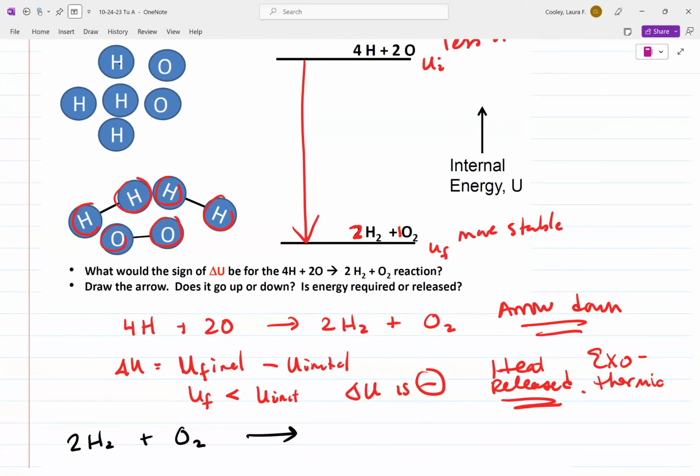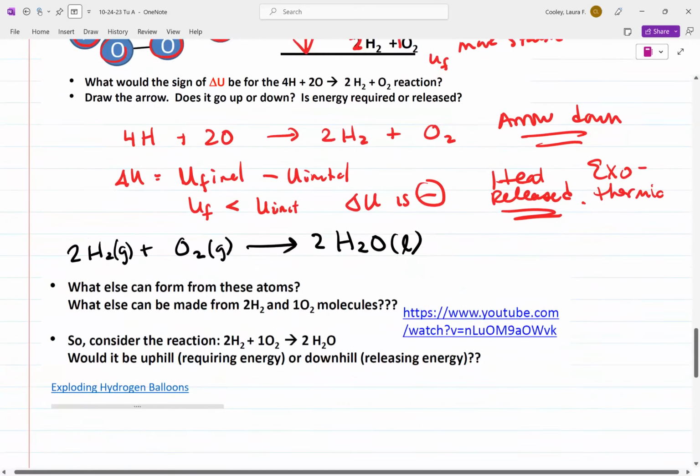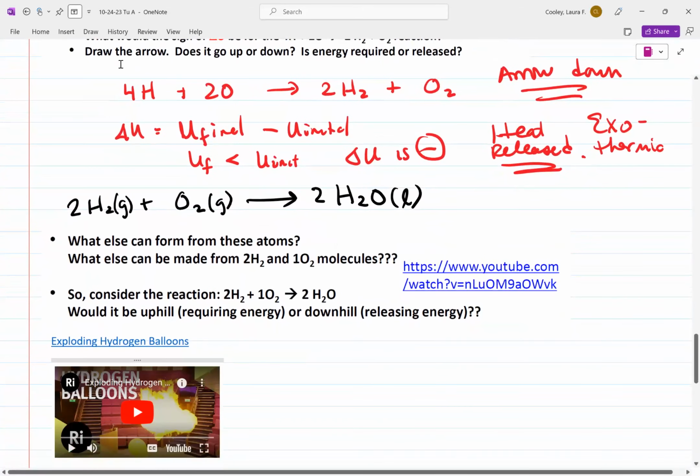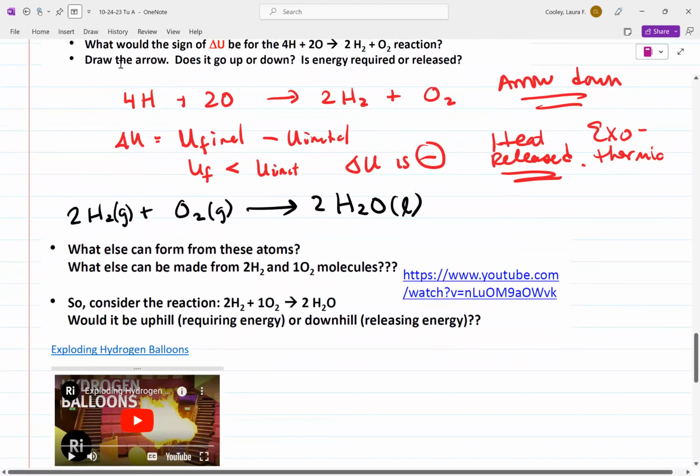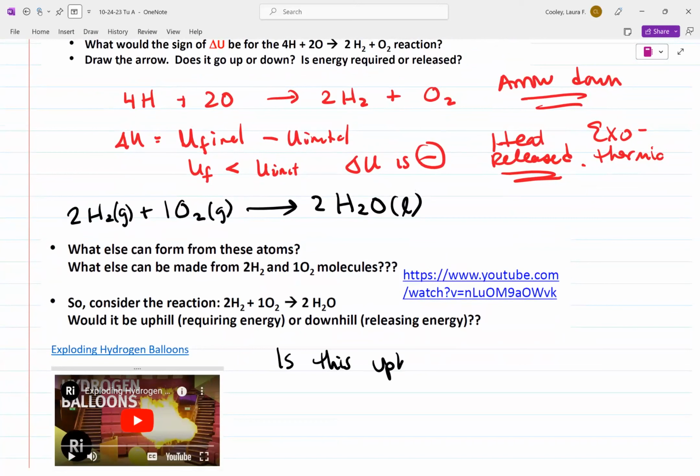Yeah, H2O, 2 of them, okay? So this is a reaction that we're kind of familiar with. It could form water.